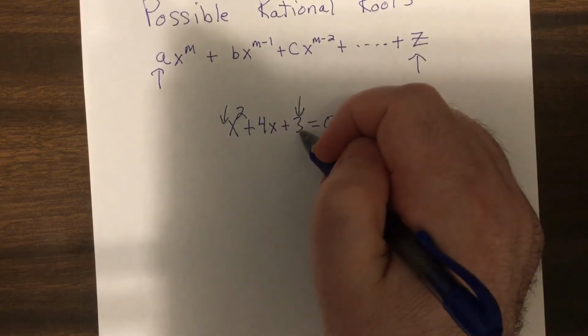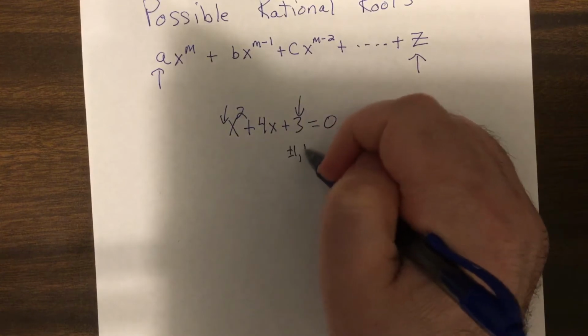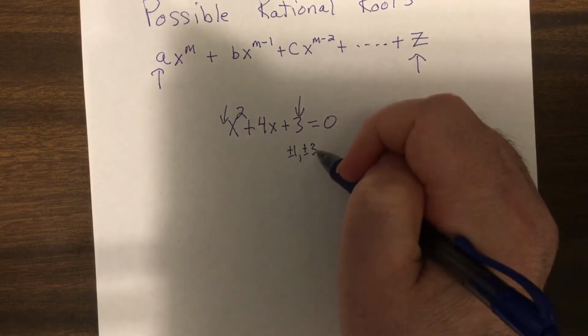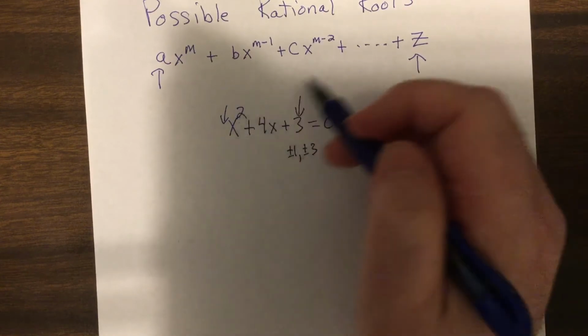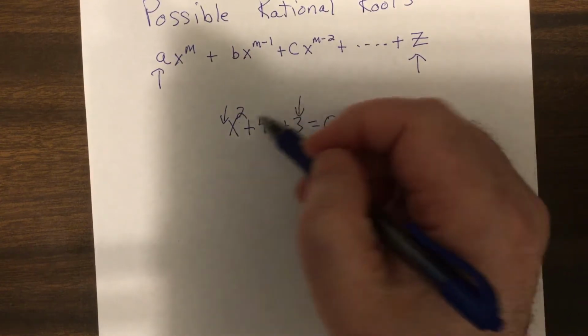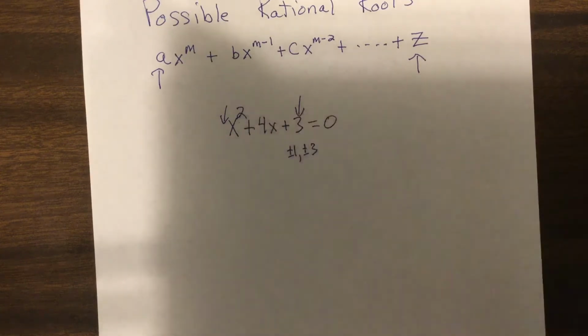So the only ones you have to worry about would be plus or minus 1, plus or minus 3. Now it can't be all four of those because there's only two answers, because the highest power is 2 for this problem. Now if the highest power is 2, we know how to solve: completing the square, quadratic formula, or factoring if possible.